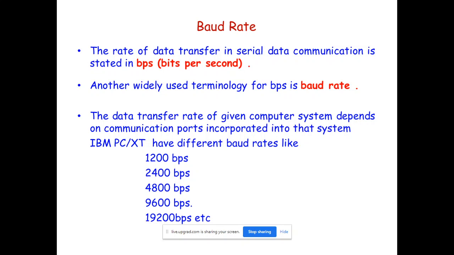For example, suppose you want to transmit data from one office to another office. One office is the main office and the other is a sub branch. Suppose one office is in Delhi and one is in Bombay. At that time you want to transmit your data from one device to the other. In that situation you are setting the baud rate. Normally during working hours your baud rate is maximum.